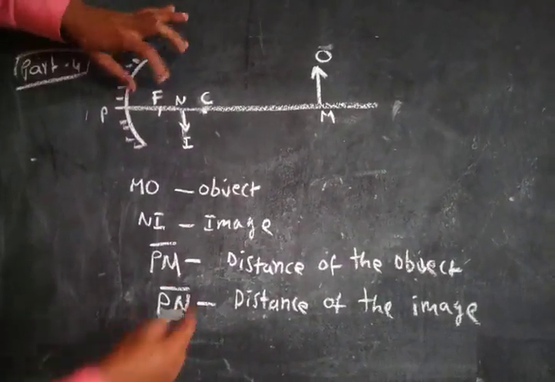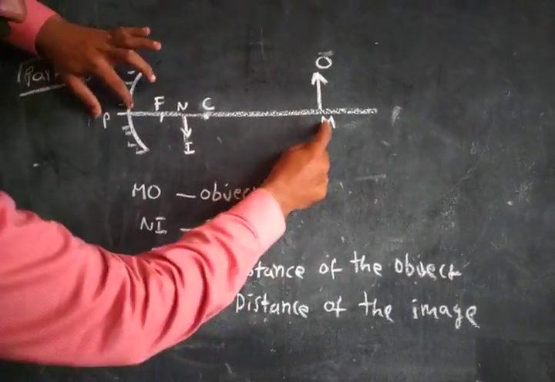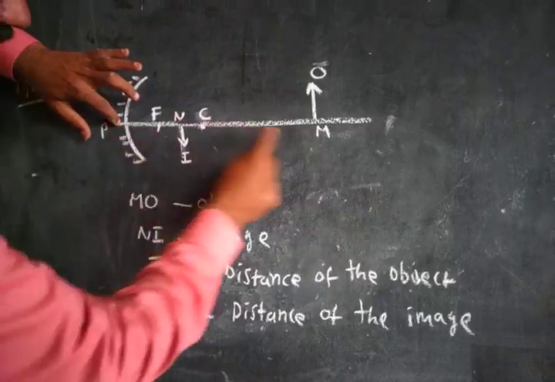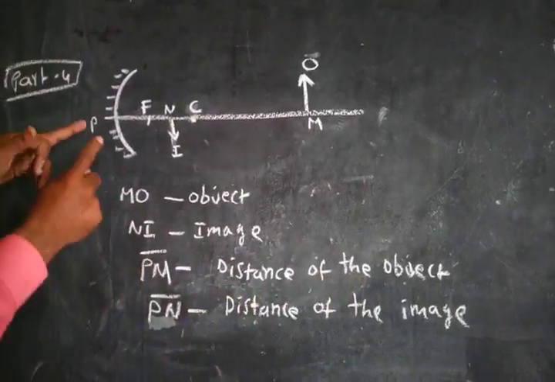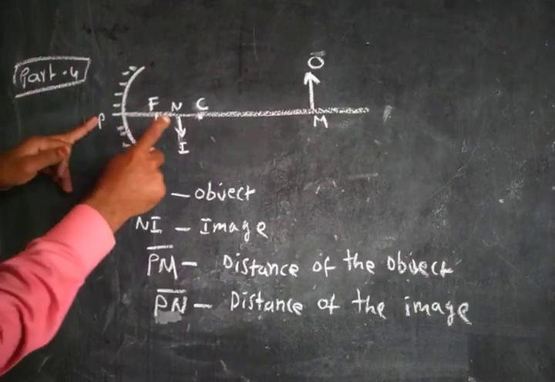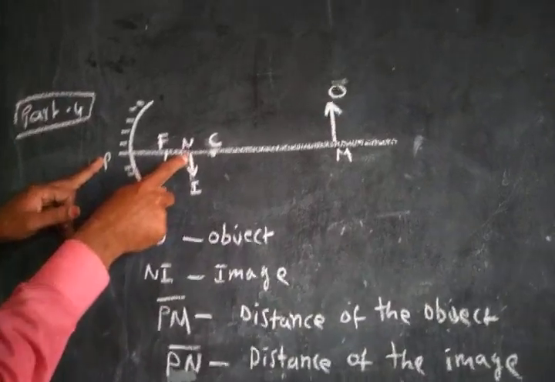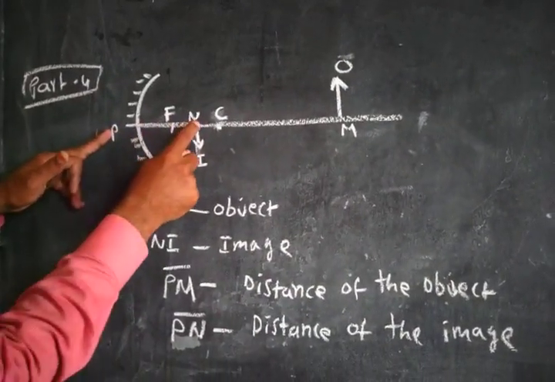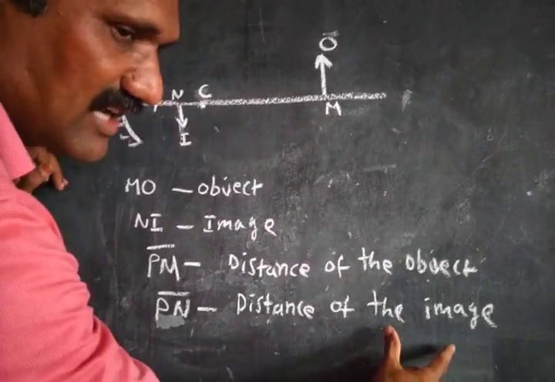That's why pole to object, that is P to M, is called the distance of the object. Again, pole to image, which is formed at N, that is P to N, is called the distance of the image or image distance.